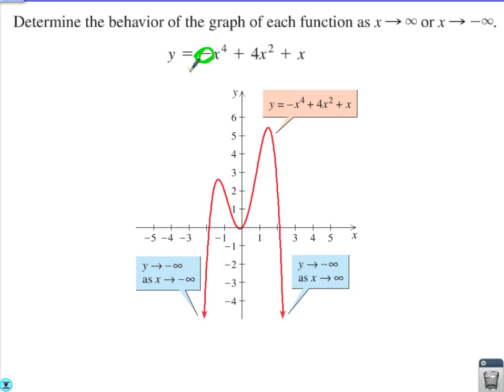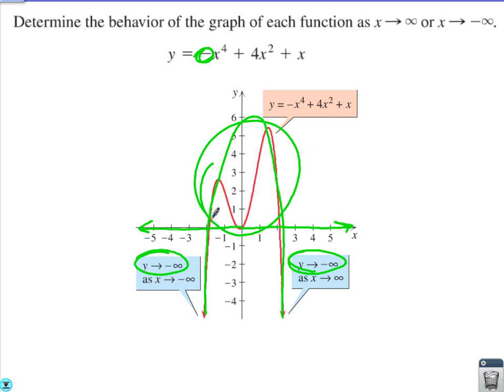The reason it's that M shape, the reason it has a somewhat parabolic shape, and you see it's kind of parabolic, except for the hump in the middle. The reason it has that is because it's even. Its highest power is even. So negative x to the fourth, and you see here, as x gets bigger, y gets smaller. It goes down. As x gets smaller, y gets smaller as well.